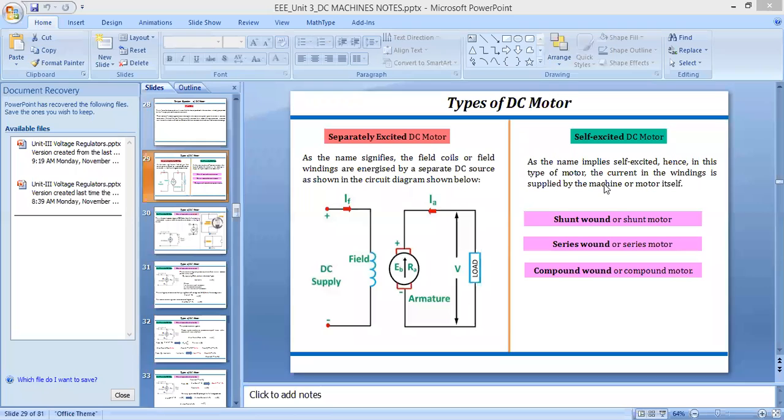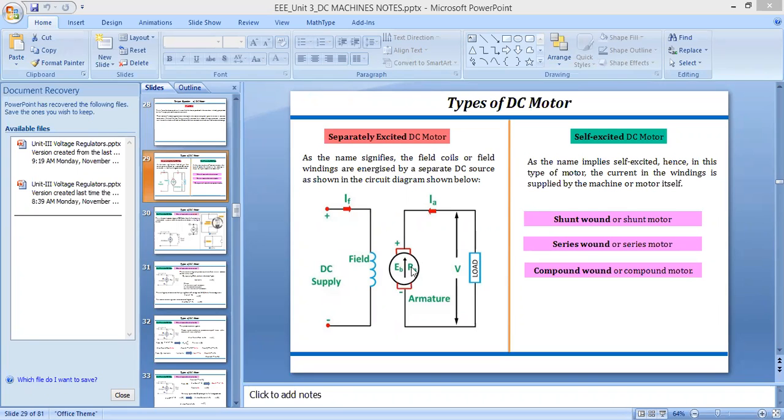Then we have seen the rotor. Rotor is nothing but the rotationary part. The rotor of the DC machine consists of the armature winding, brushes, and commutator, because all these things are rotating. In these DC machines, these are the brushes.